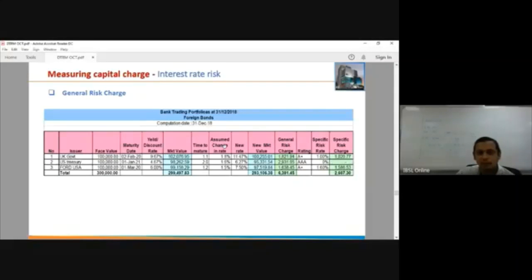So then we'll take bonds, right? Now bonds, we know the maturity period may be 1 year to 30 years, or maybe 50 years.